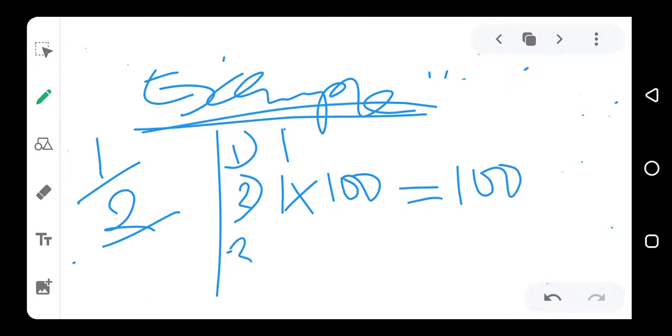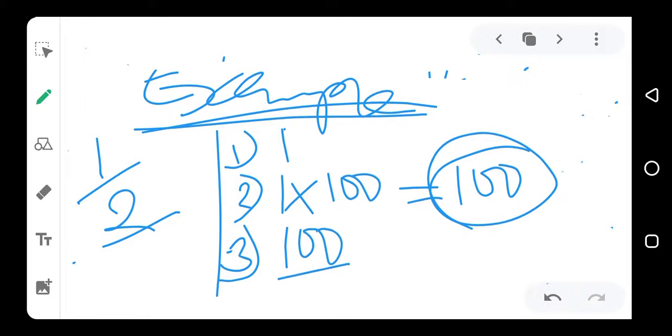Then in step 3, divide what you have calculated in step 2 by the denominator, which is 2. So we now have 100 divided by 2, and that gives us 50%. So you can follow any step you prefer to solve it.